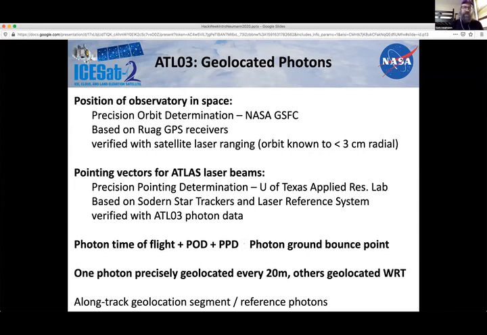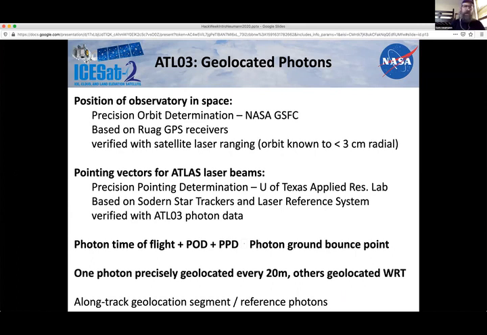This 20-meter segment we call the along track geolocation segment, and those photons that are precisely geolocated we call reference photons. This 20-meter posting interval or segment interval comes back again in several of the other data products. So in case anyone is interested where that 20-meter choice comes from, it comes from ATL03, and it's an outcome of our particular geolocation strategy we're using on the photons.